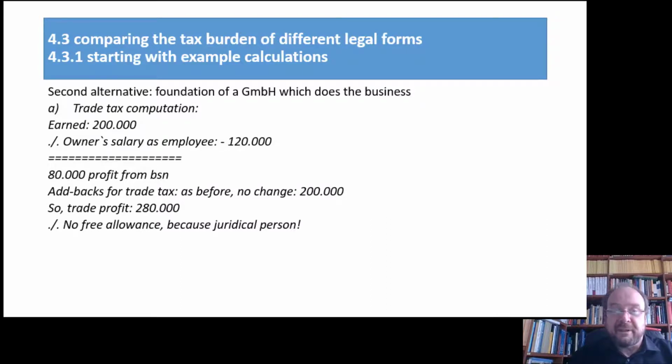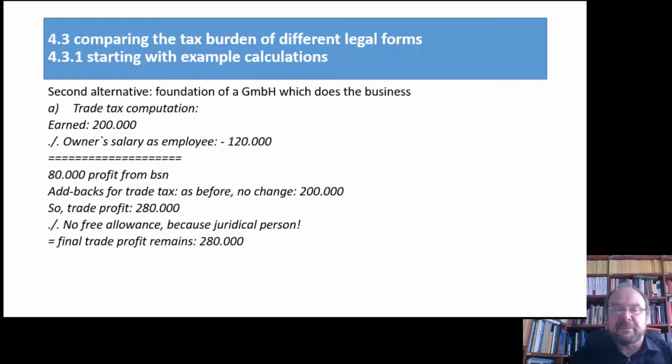There is no free allowance granted because for a juridical person there is none. Remember there was a 5,000 allowance, but only for private associations without economic aims, so institutions which cannot pay a dividend, which cannot run an enterprise. So there is no free allowance.